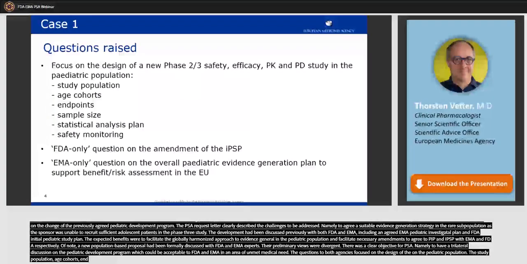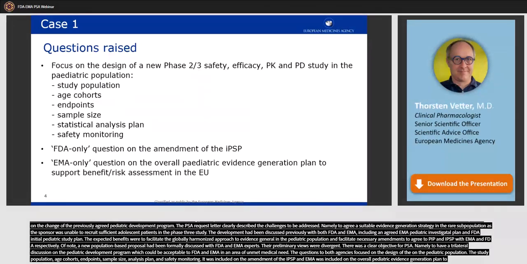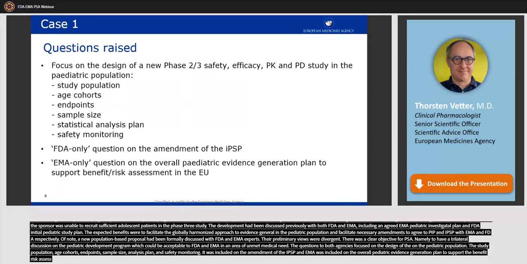A FDA-only question was included on the envisaged amendment of the IPSP, and an EMA-only question was included on the envisaged overall pediatric evidence generation plan to support benefit risk assessment in the EU at the time of marketing authorization application.